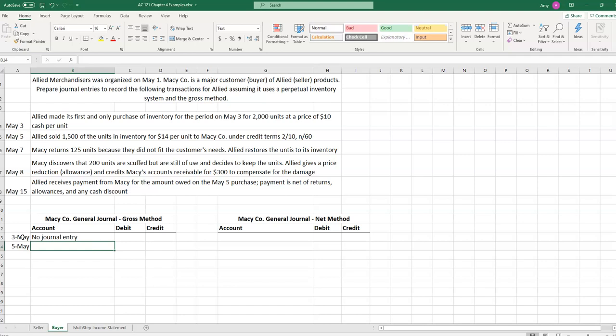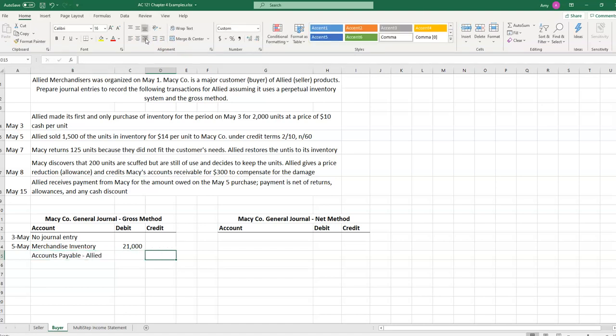So if you remember, to record the sale of inventory has those two parts, the sales revenue and the inventory. But if we're purchasing inventory, we just receive the inventory. So we receive merchandise inventory of 21,000. And now we have an accounts payable to Allied.